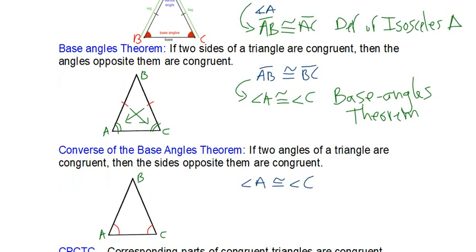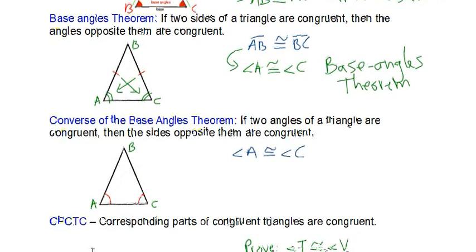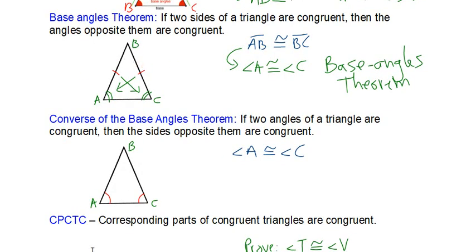The next one, the converse of the base angles theorem, is basically the opposite of the base angles theorem. The base angles theorem starts with two congruent sides, and that helps us conclude that two angles are congruent. Here's the opposite. The theorem says if two angles of a triangle are congruent, then the sides opposite them are congruent.